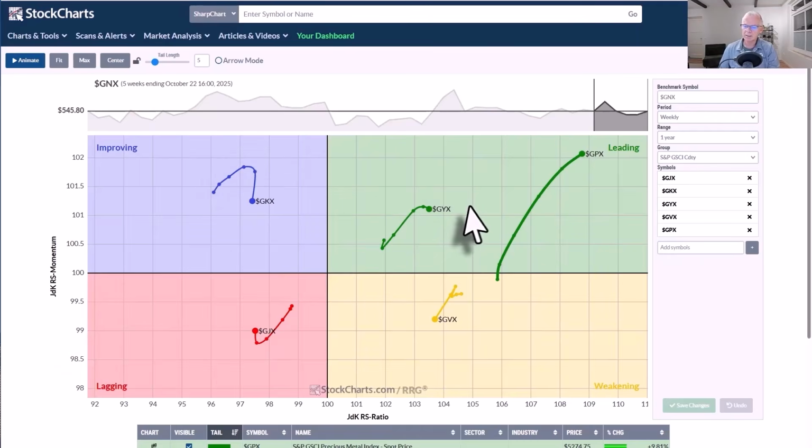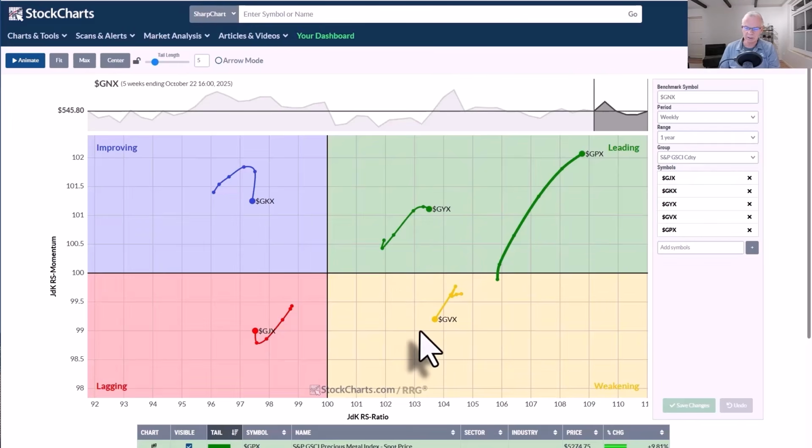Very clearly, GPX, that's precious metals, leading the way for commodities. Gold, silver, of course. And then we've got GYX, that is industrial metals, following suit. They're still doing very well. They're outperforming. They're inside the leading quadrant. Strong momentum, strong RS ratio, a little bit of a loss of momentum, but that's not major yet.